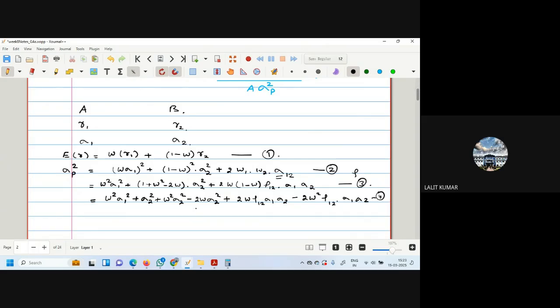Now if we have to minimize the variance, we have to find the W star which is efficient for the lowest variance.